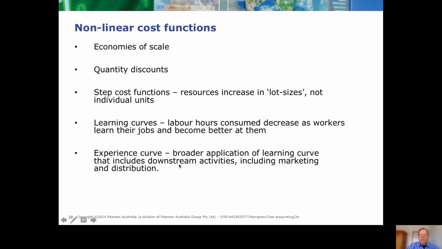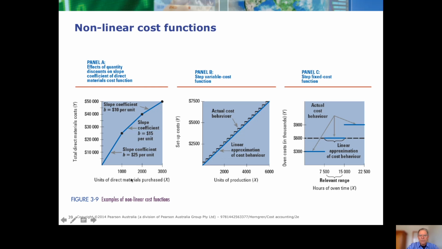And same with the experience curve. As your people come and go, you're bringing in new skill sets, and you're getting perhaps better at your marketing and distribution. Firms get better at what they do as they apply and solve problems over time, hopefully.